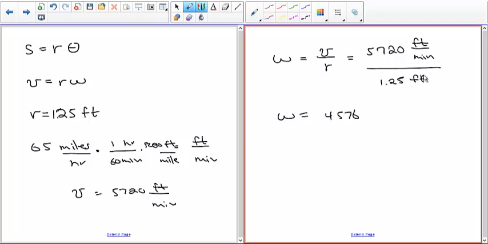You can see the things cancel out. So that is radians per minute, because we don't have units here.